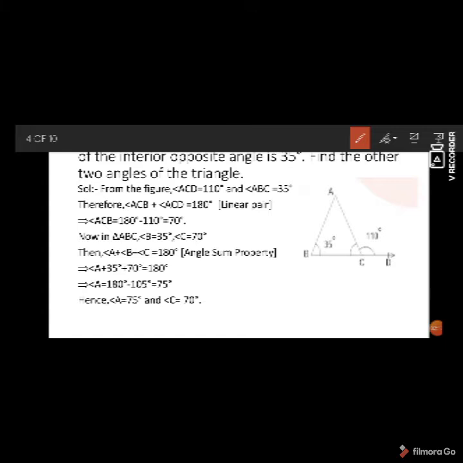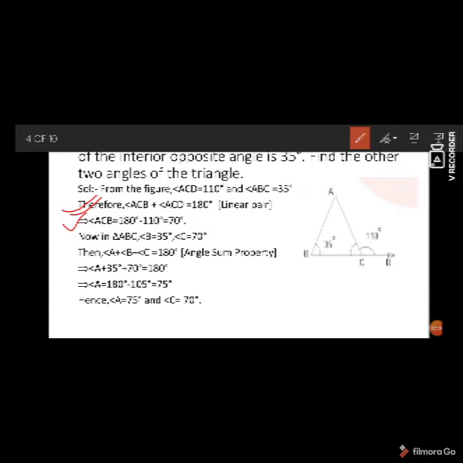Therefore, ACB plus ACD is equal to 180 degrees by linear pair. So if we subject ACB, we will get 180 degrees minus 110 degrees is equal to 70 degrees. So our angle C is 70 degrees.